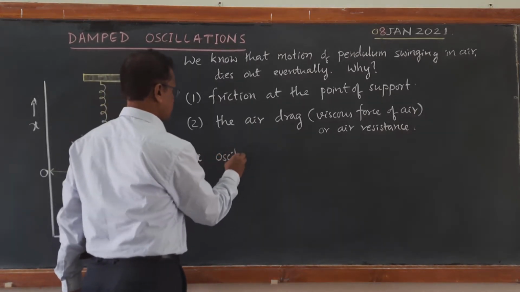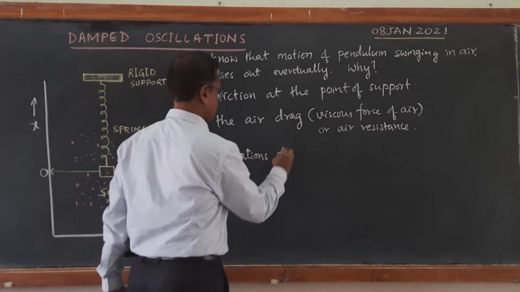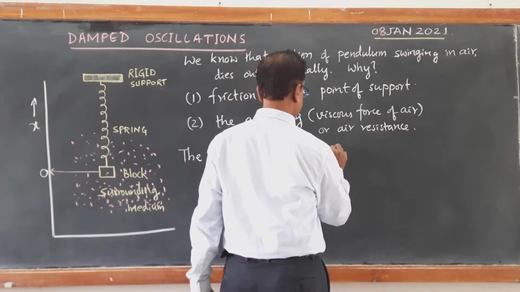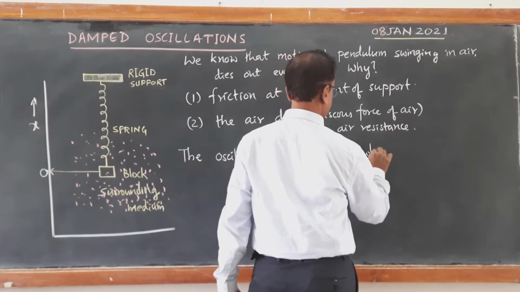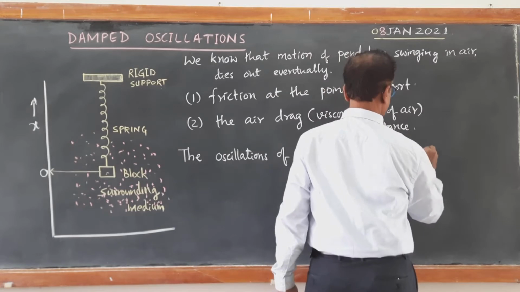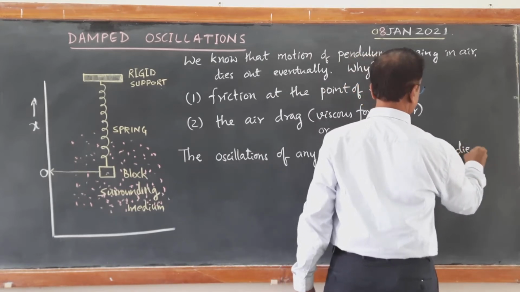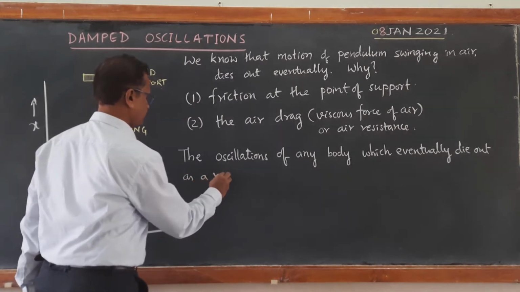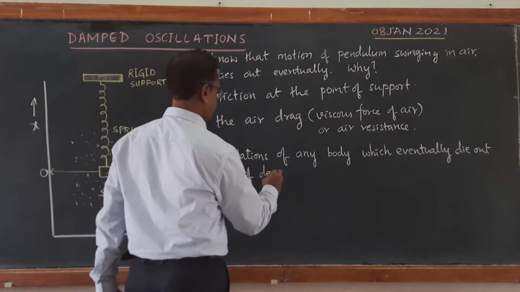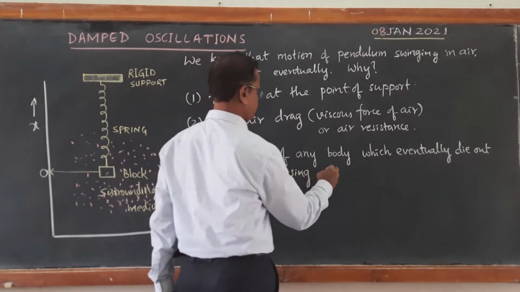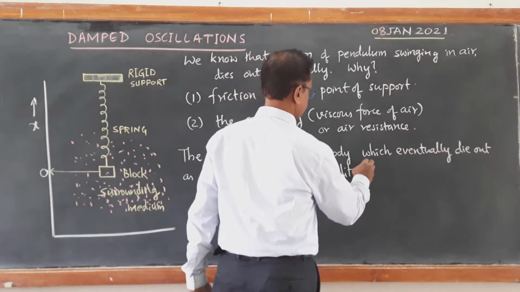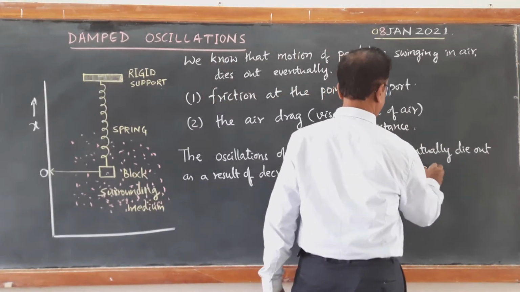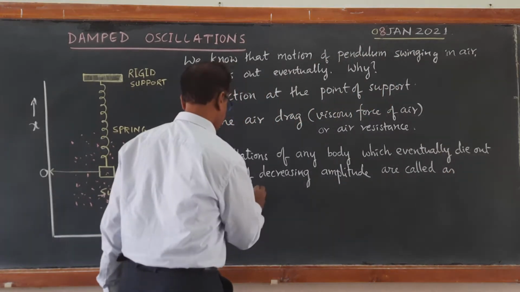The oscillations of any body which eventually die out, as a result of decreasing amplitude of oscillation, are called damped oscillations.